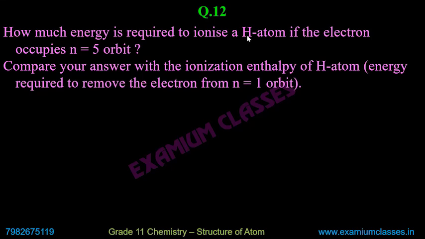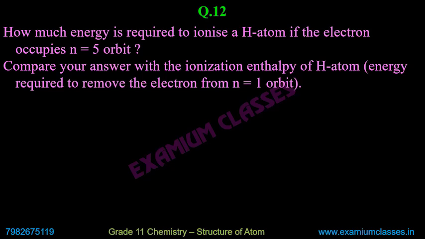I would give a chance to Arjun. Sir, we will use the energy formula for first calculating the ionization energy for n equal to 5. The formula would be the Rydberg's constant, which is 2.18 into 10 to the power minus 18 joule, into 1 upon infinity square, which is N2, minus 1 upon 5 square, which is N1.